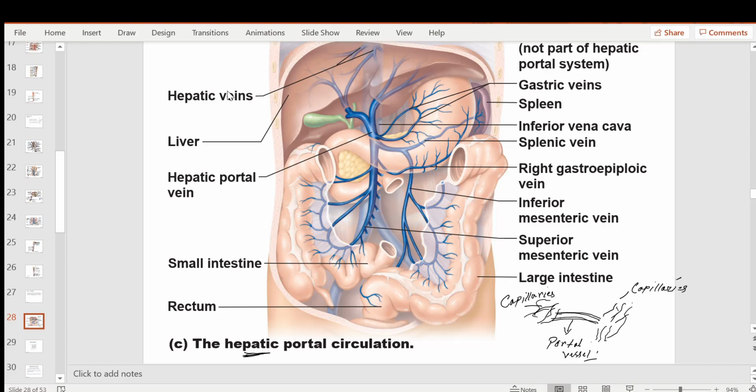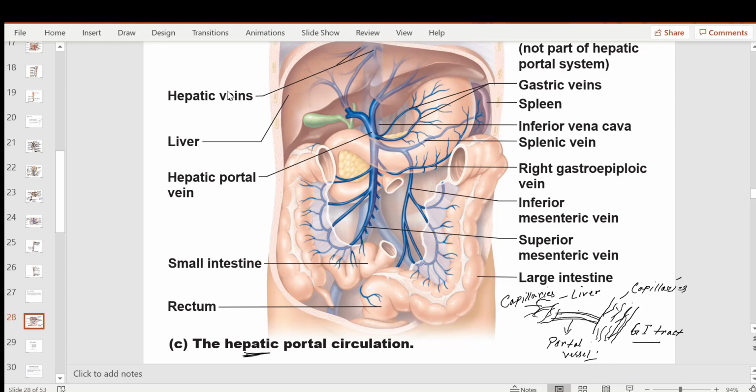Why? Because it connects the capillaries of your intestine, the GI tract, gastrointestinal tract. So these are the capillaries in the wall of the GI tract, and these are the capillaries in the liver.